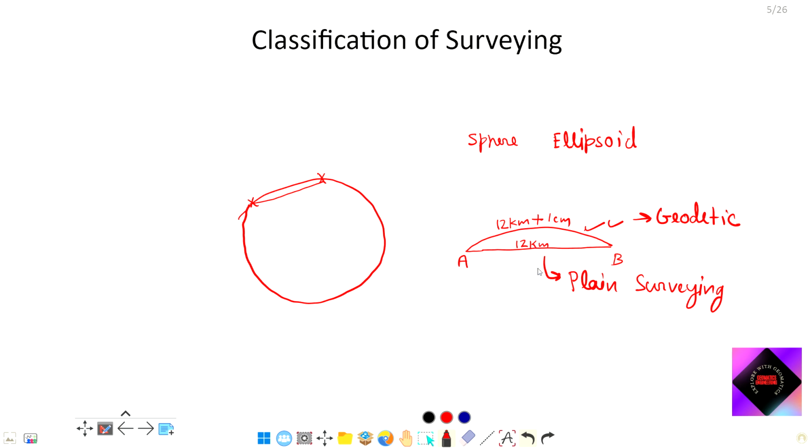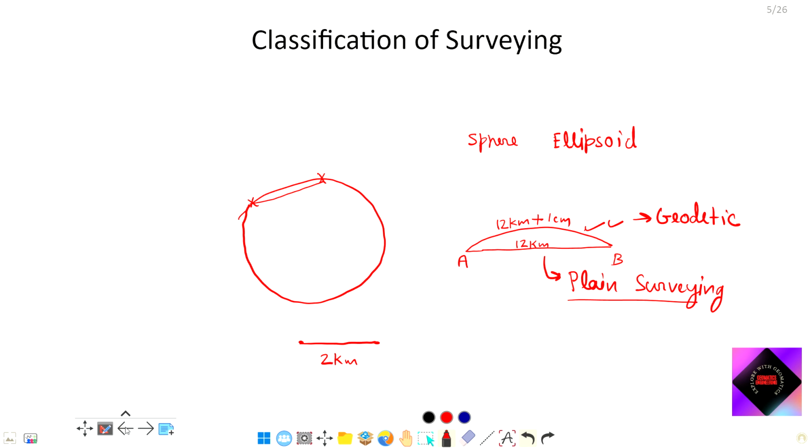Also, we are doing surveying over small distances. We are doing surveying for a land, a ground, a building, so for small surfaces or distances like 700 meters or 2 kilometers, the error will be very small.